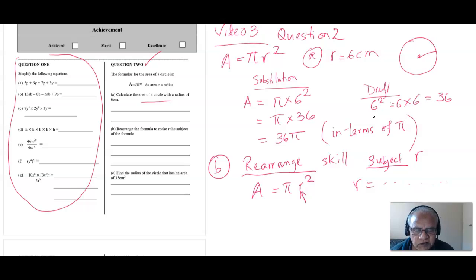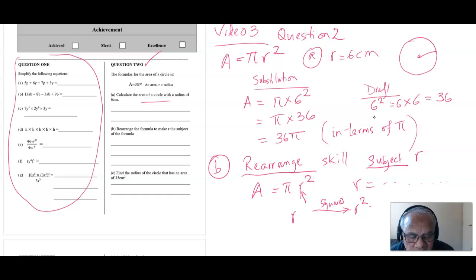So what did I do to get the area? We multiplied pi times r squared. I am thinking of a letter, I squared it, which gave me r squared.